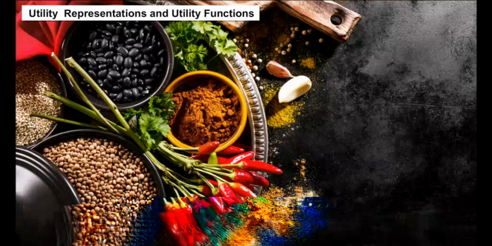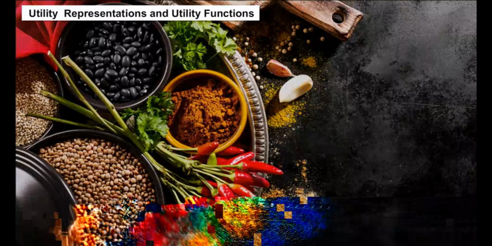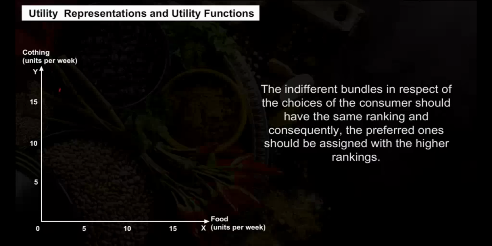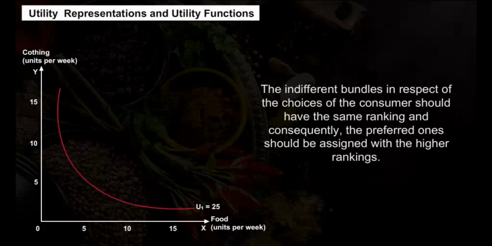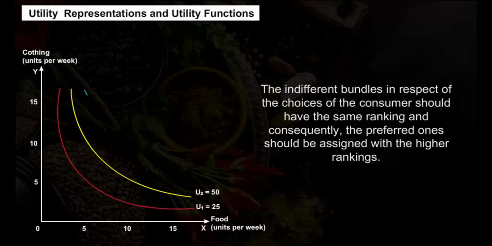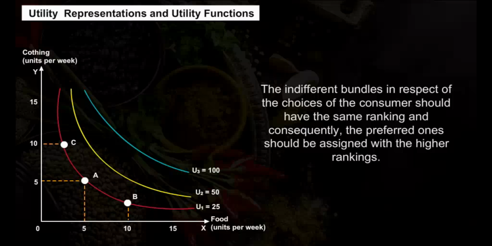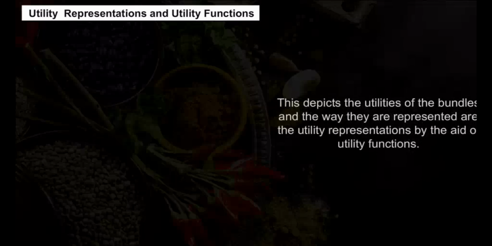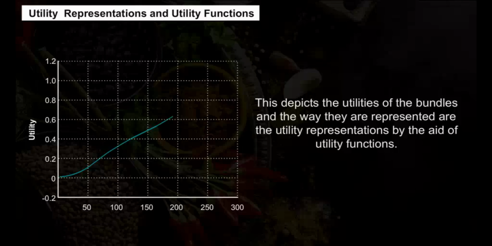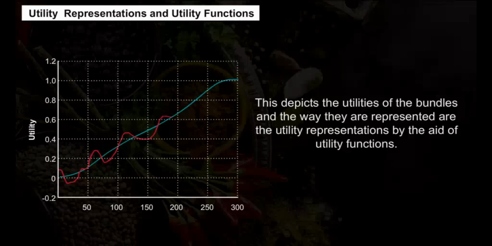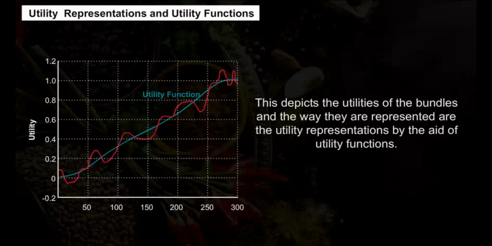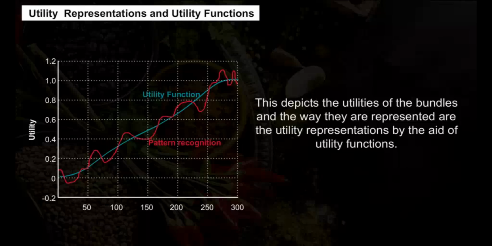Utility representations and utility functions. The bundles that are indifferent with respect to the choices of the consumer should have the same ranking, and consequently, the preferred ones should be assigned higher rankings. This depicts the utilities of the bundles, and the way they are represented is the utility representation, by the aid of utility functions.